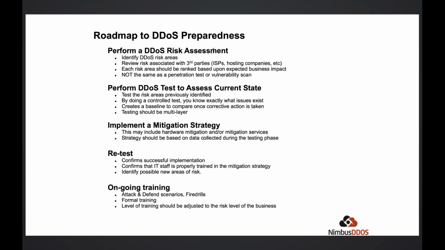So after you've performed the risk assessment, you know that there's some areas that might be of concern, but you really don't understand how big of a risk it is. So the testing will actually confirm how big of a problem you have, and it will also basically make it real. Until then, it's really just hypothetical, and you're just throwing darts at a wall.